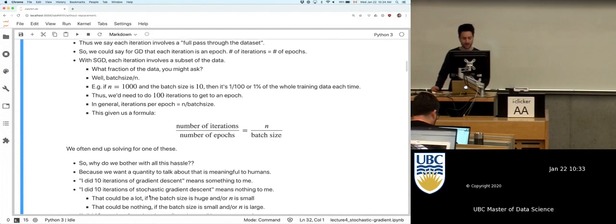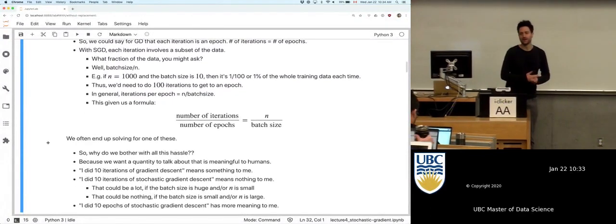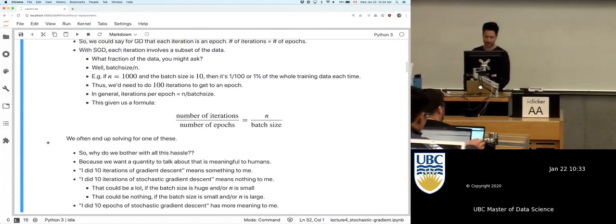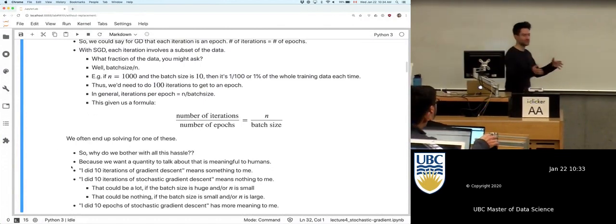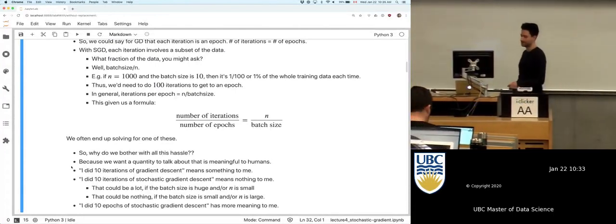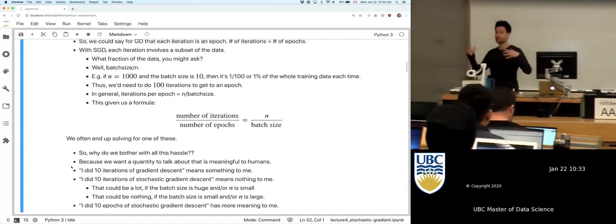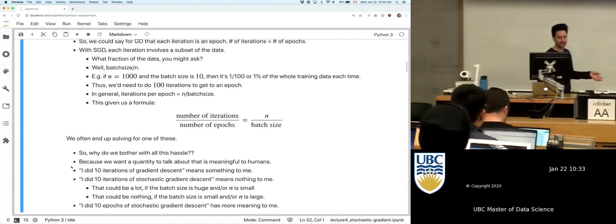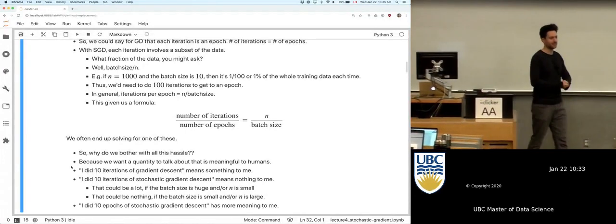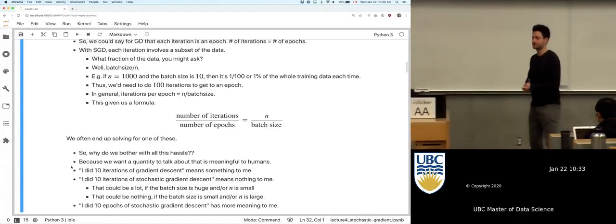Okay, so why are we tormenting you with all this terminology? Here's the thing. We need to have conversations where the things we talk about are meaningful to humans. So if I say to you, I did 10 iterations of gradient descent, you'll kind of know what I'm talking about. But if I say I did 10 iterations of stochastic gradient, that doesn't actually really tell you anything about what I just did.